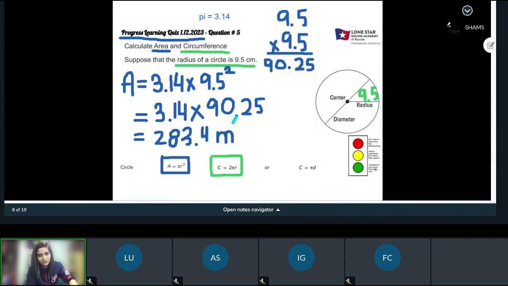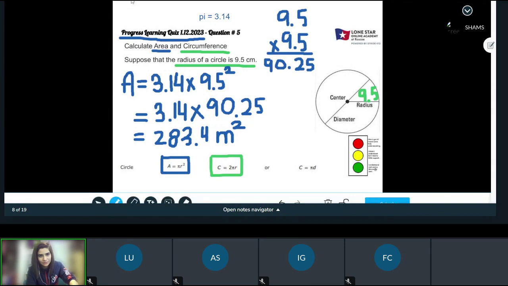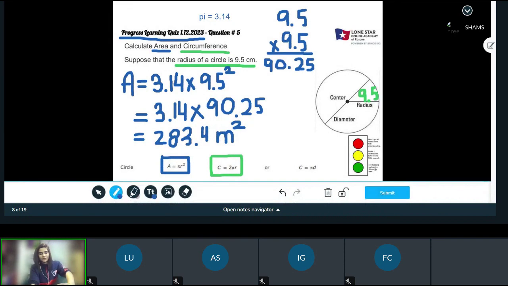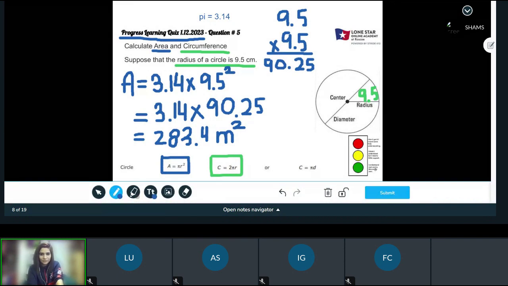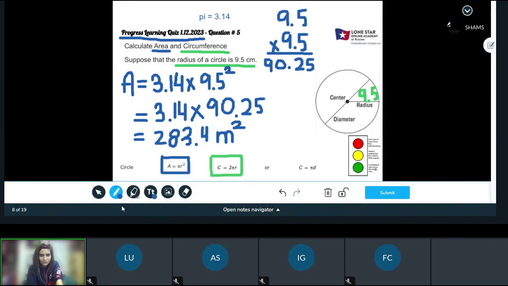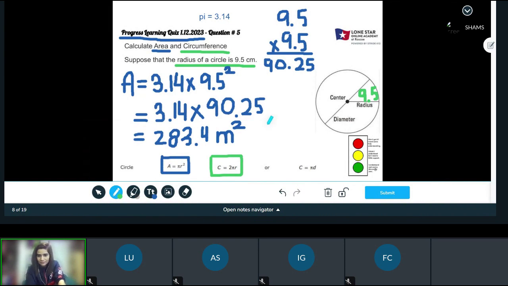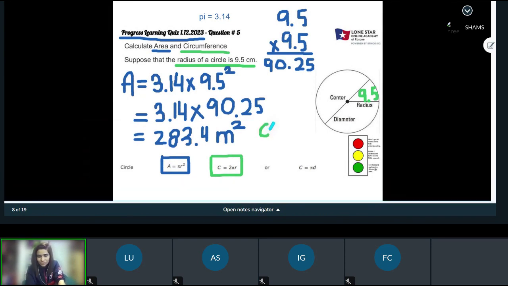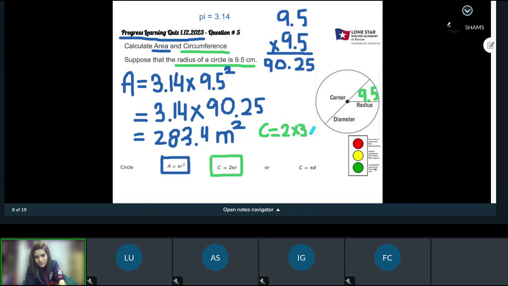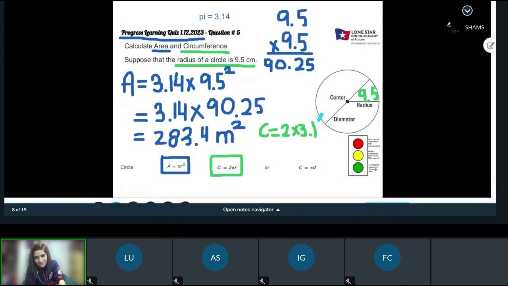Then you can go and find the circumference. To find the circumference, you will use the formula box in green. The formula says 2 times pi, that is 3.14, times the radius, that is 9.5.